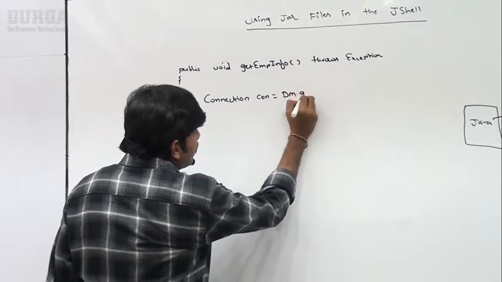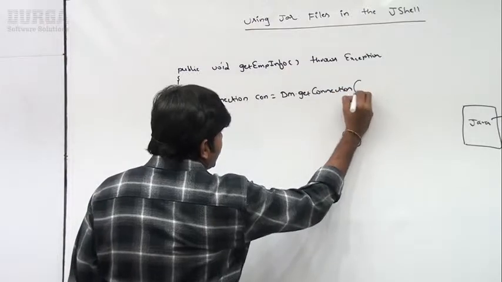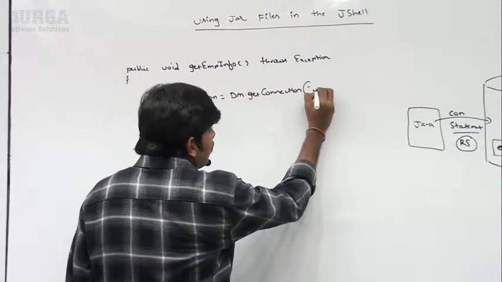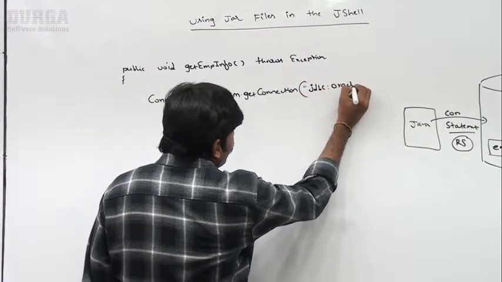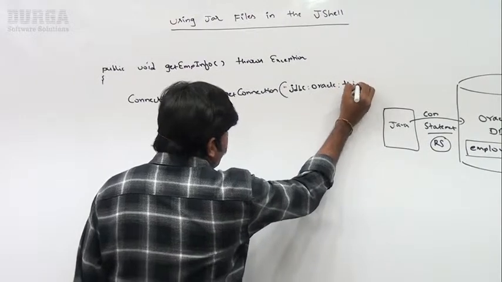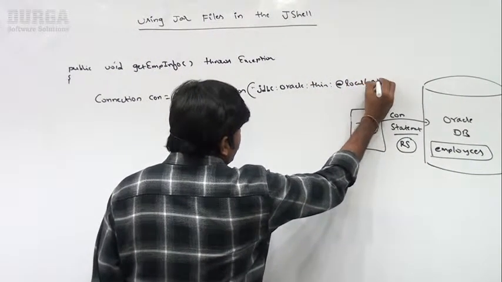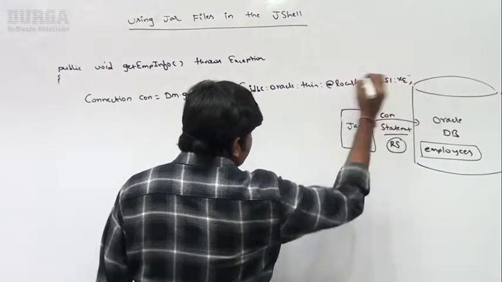DriverManager.getConnection. Here I have to provide the JDBC URL: jdbc:oracle:thin:@localhost:1521:xe.